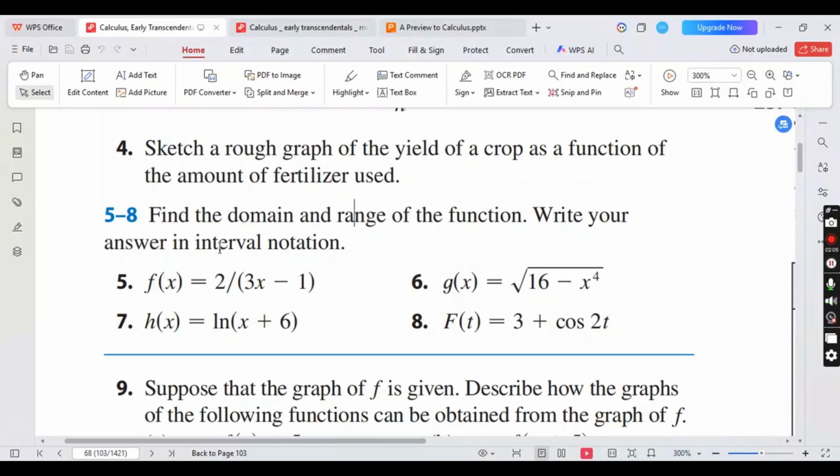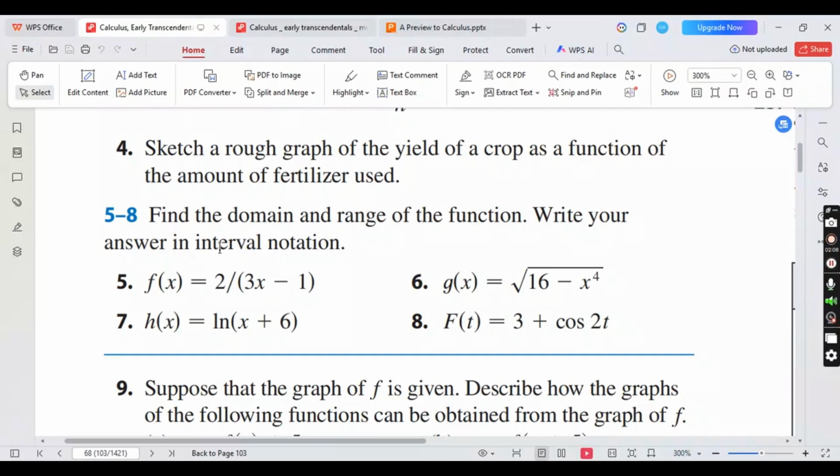No, that would be set builder notation. Oh, so the range is just negative infinity to positive infinity. You just write range, then you write using the brackets. Oh, so the range is brackets negative infinity to positive infinity. What type of brackets? Rounded ones. Okay. And domain?